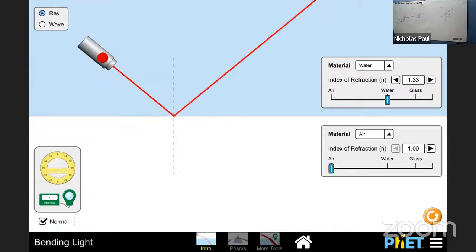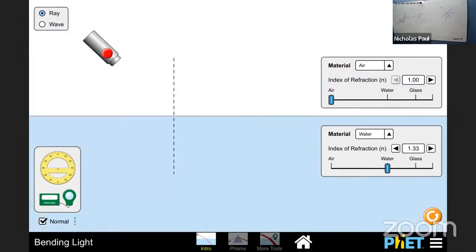At this exact angle of incidence, which is a special angle called the critical angle, the ray no longer undergoes refraction. It undergoes something called total internal reflection. I'll give you a note on all that. I just wanted to show you what happened.